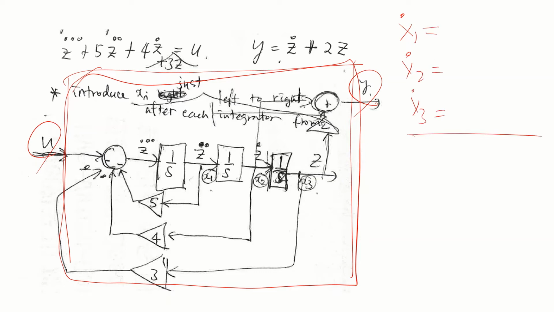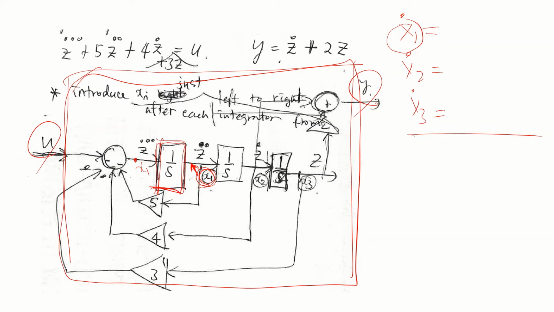Okay, so to get that, we introduce a state variable, say x1, just after the integrator here. Okay, here's the integrator. You just introduce your state variable here. The reason why we are doing this is that that will facilitate the expression for x1 dot. Okay. So if this is x1, then this is going to be x1 dot, because this is an integrator, right?